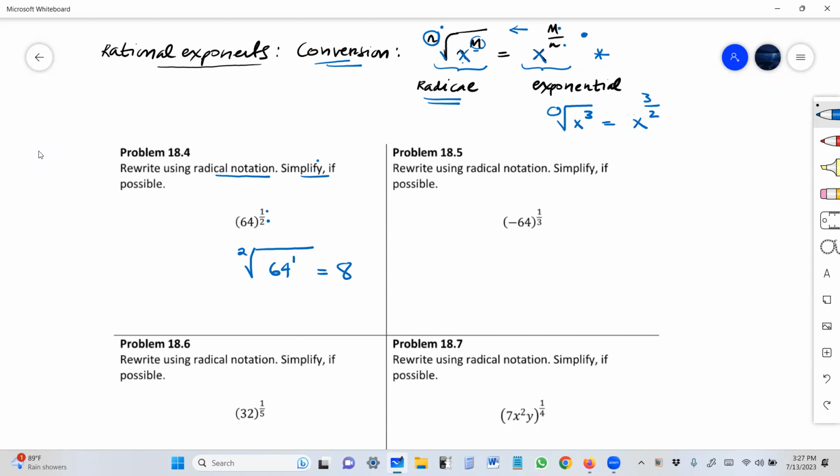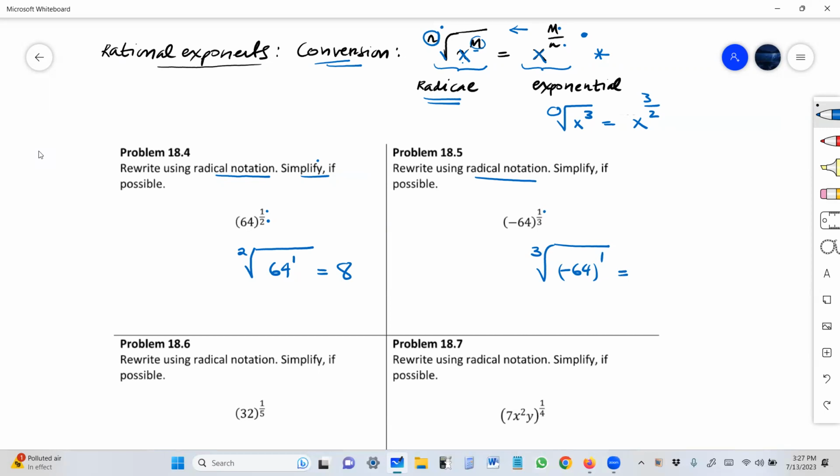So 18.5, same thing. Convert the expression to radical notation. So you write the radical, you write minus 64. The 1 is the exponent, and the 3 is the index to the radical.